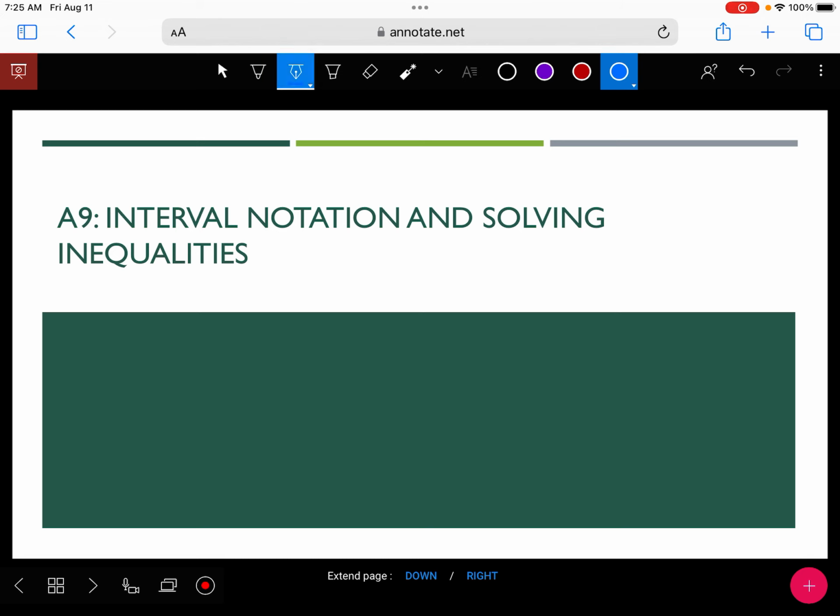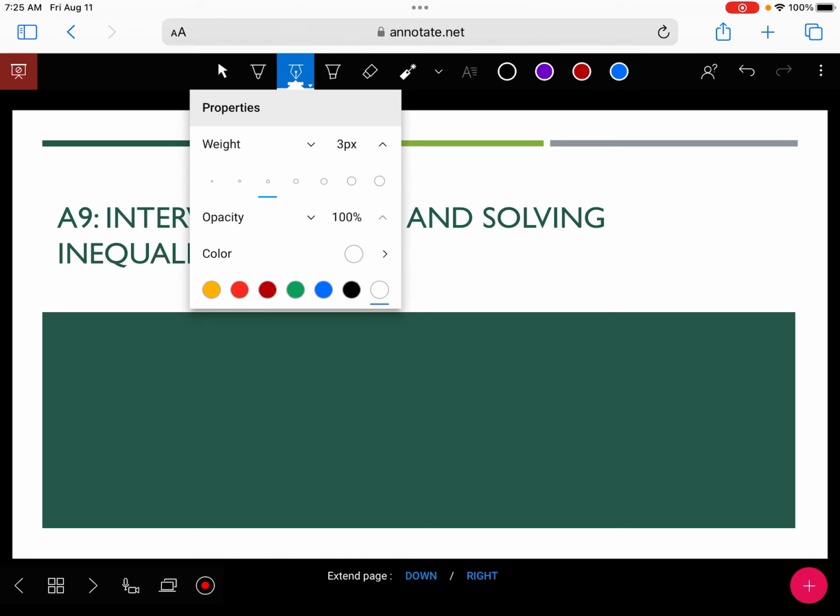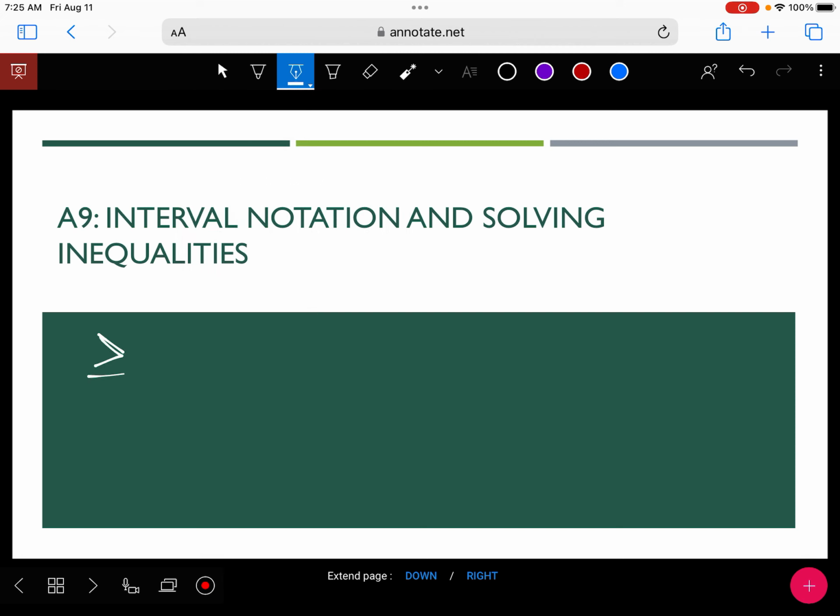So a couple things to keep in mind, which I believe you've all seen with interval notation, is that if it is equal to, we use a bracket.